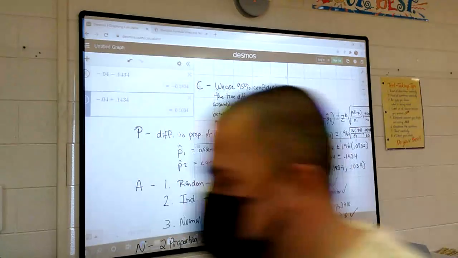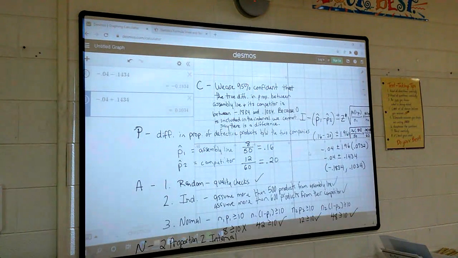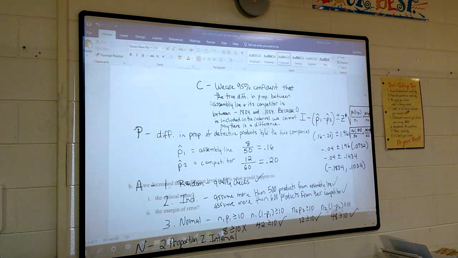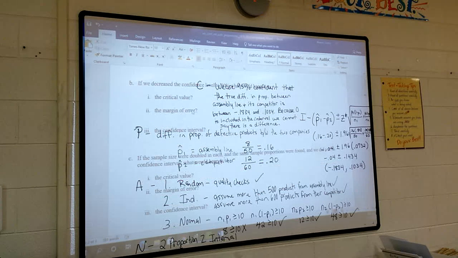Now, things that it asks as you go through on here, so just so we can see. B says, what if we decrease the confidence level to 90%? Okay, so if we decrease the confidence level to 90%, the critical value would now be 1.645.